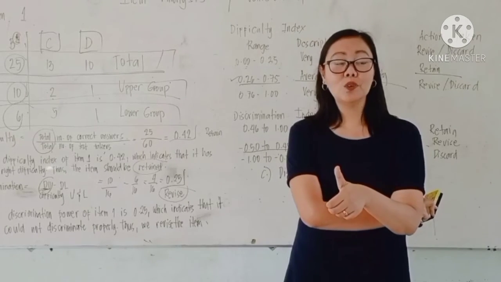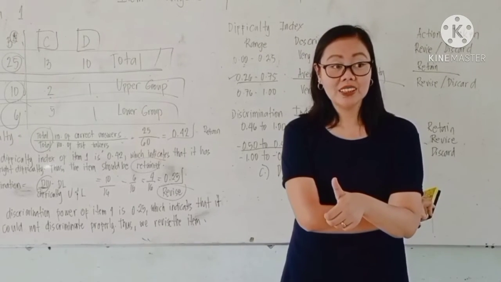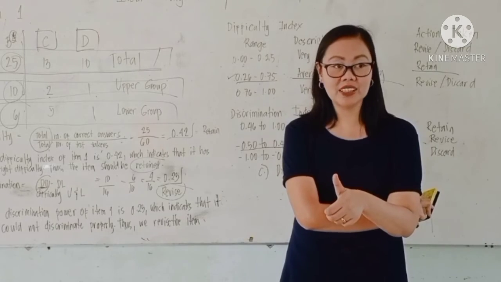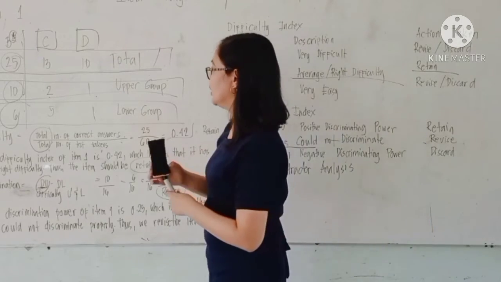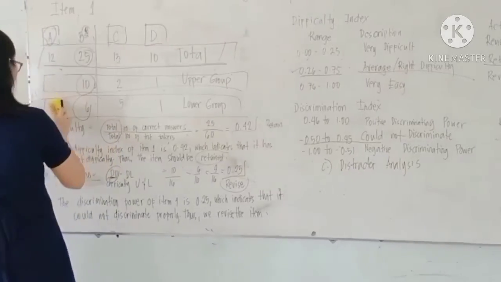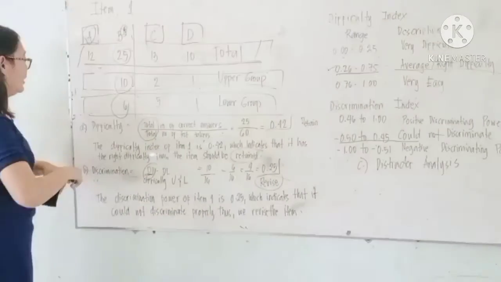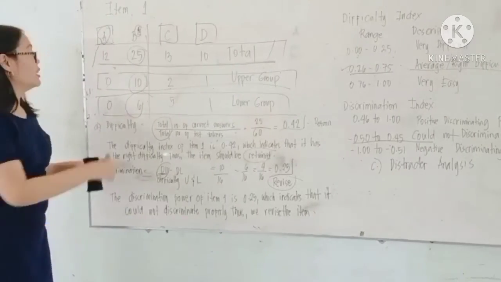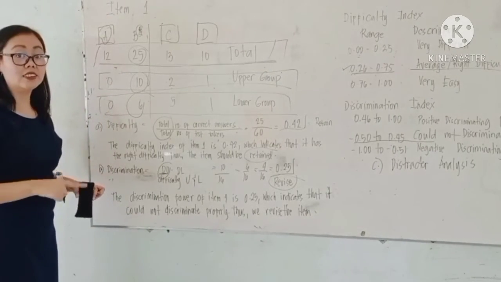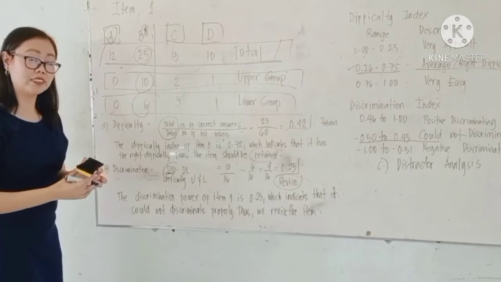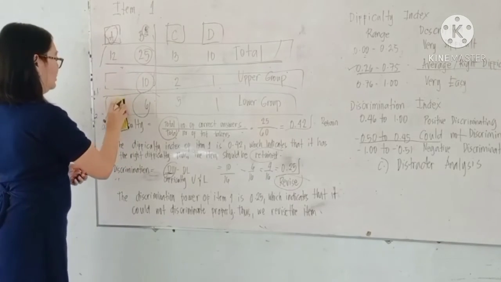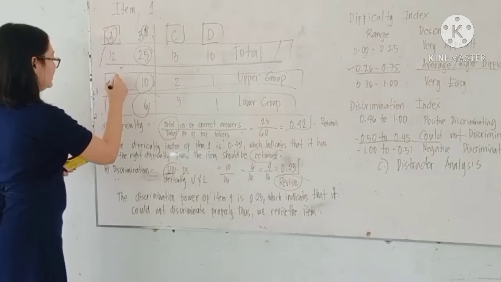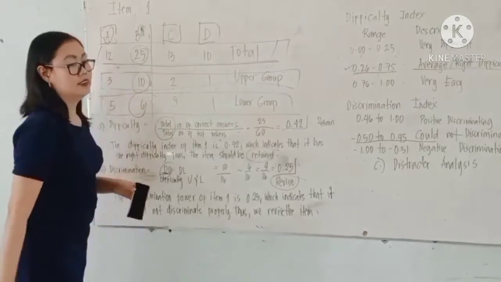Pero kung sa lower group, zero din, walang pumili sa kanila, for example, just an example, okay? 0, 0. This has to be revised. Distractor A should be revised. Okay? But in our case, 3 and 5 siya.